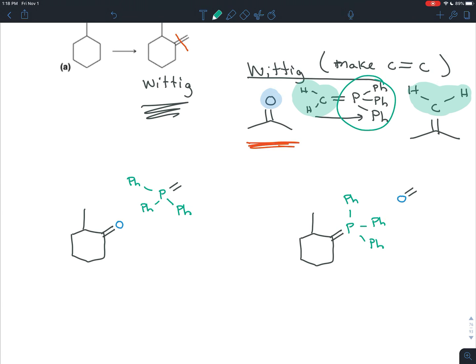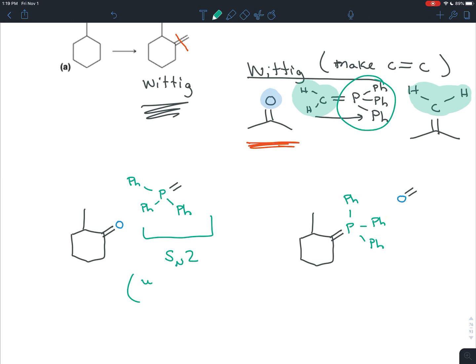Recall in our discussion of the Wittig reagent that to form the Wittig reagent, to form this triphenylphosphine, the phosphorus comes in as a nucleophile and performs an SN2 reaction on a carbon with a leaving group. And that's how you form that Wittig reagent. And so forming this has all the limitations of an SN2 reaction.